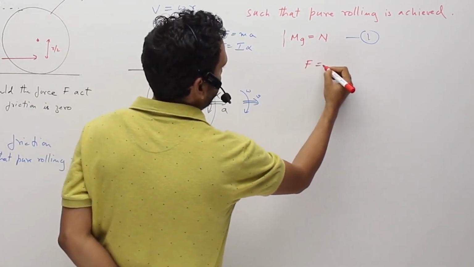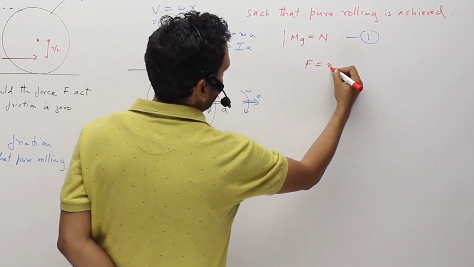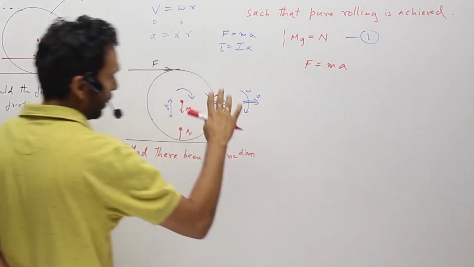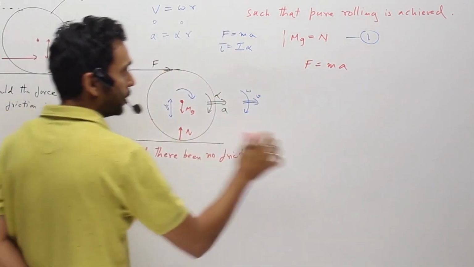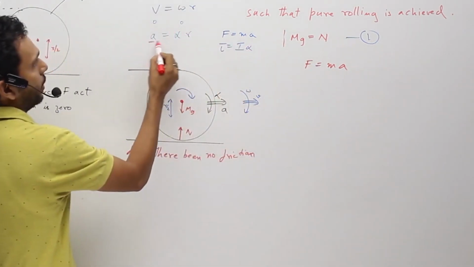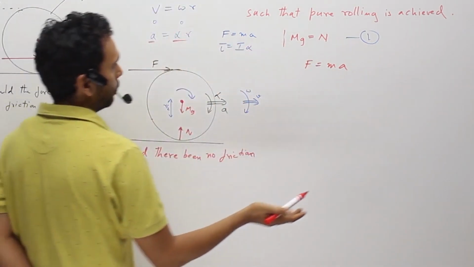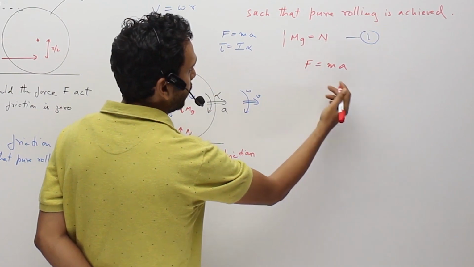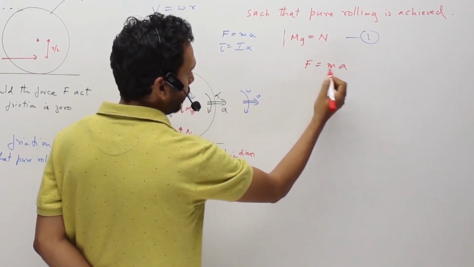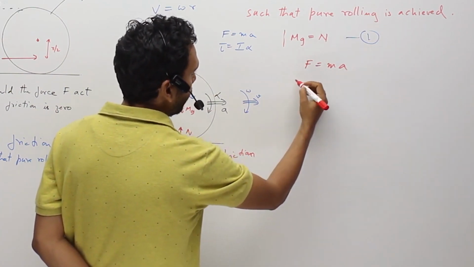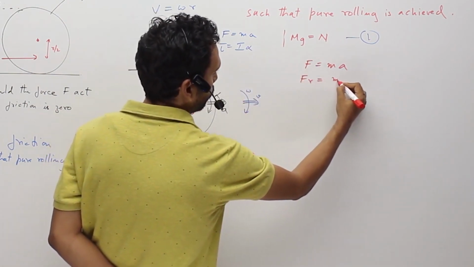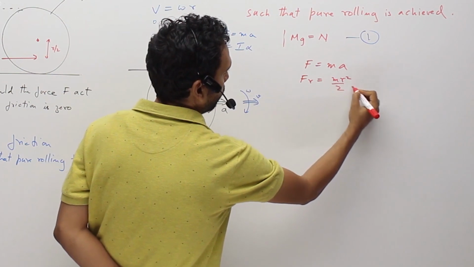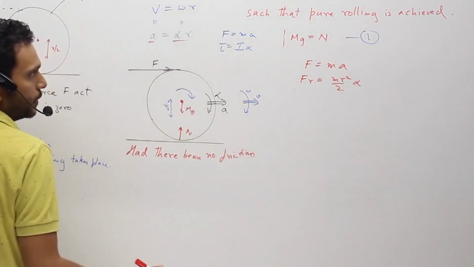So that would have given me F without any friction. F is equal to MA. I'm not writing R alpha this time because I'm not putting friction. The job of friction is to make A equal to R alpha. Without that, I would be lucky if I get A equal to R alpha. So if there is no friction, F is equal to ma, and the torque given by that F is F times R is equal to mR square by 2 into alpha.